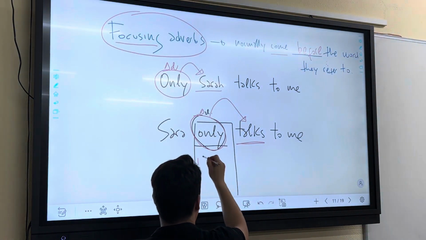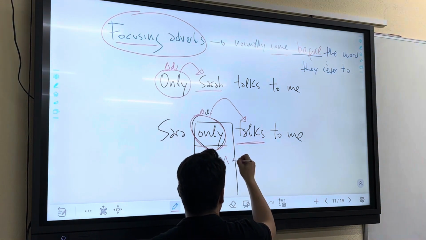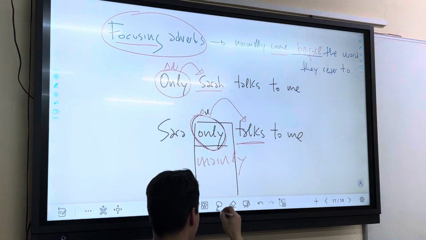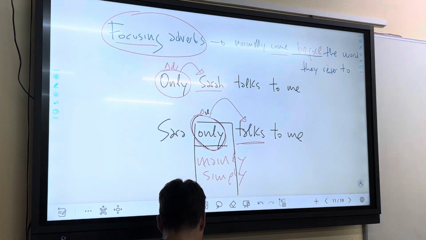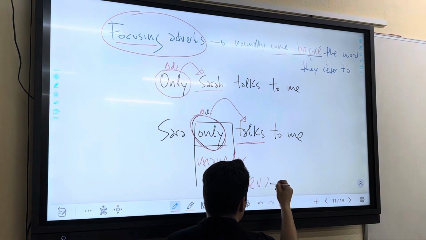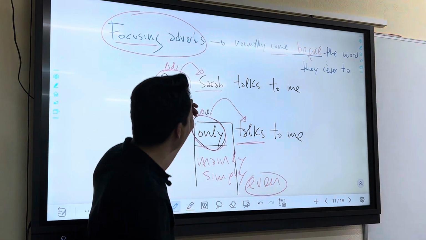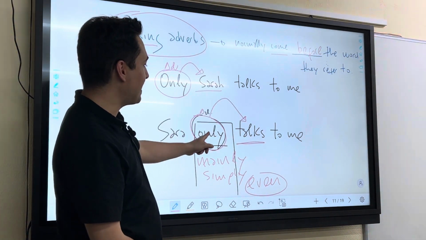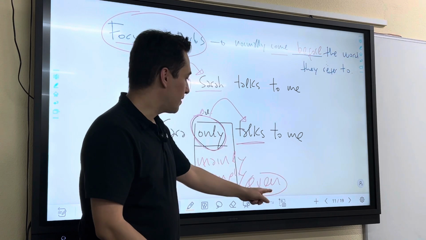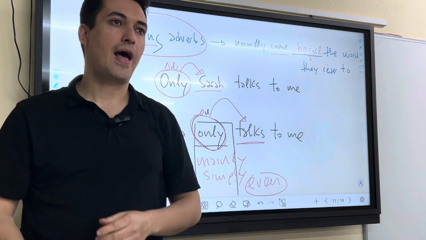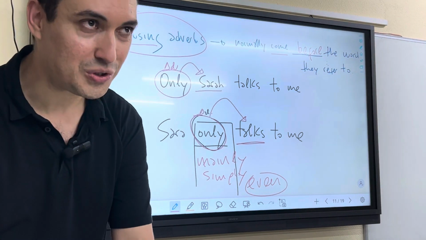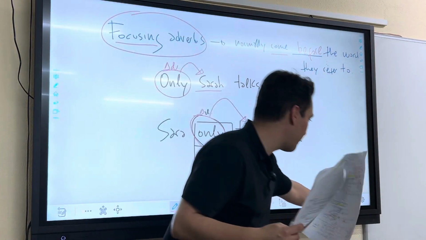For example, mainly talks to me. Simply talks to me. Even Sarah talks to me. Sarah even talks to me. These are other examples of focusing adverbs. So far, so good? Let's go on. We can make it.